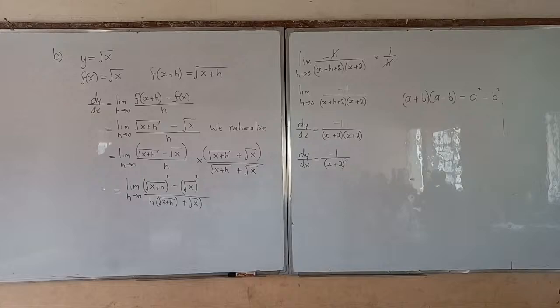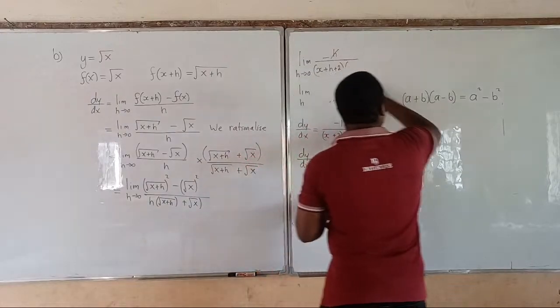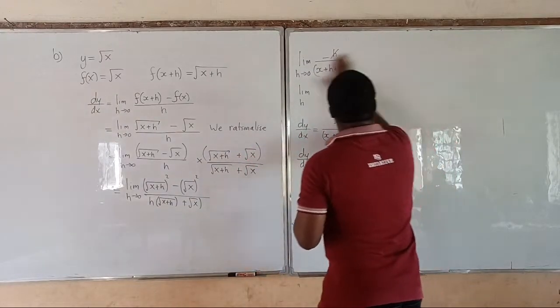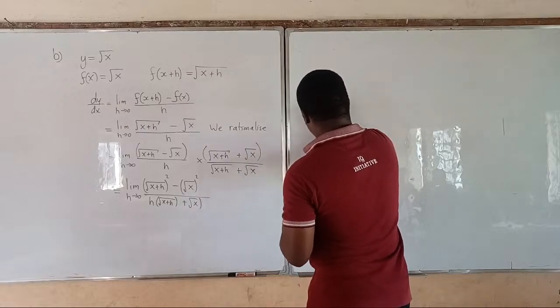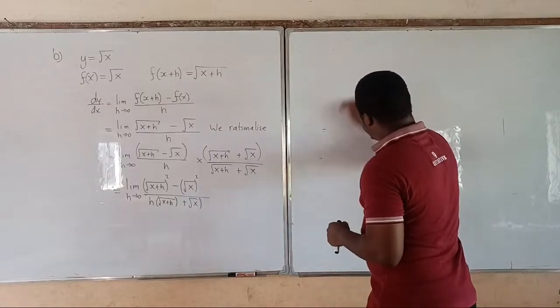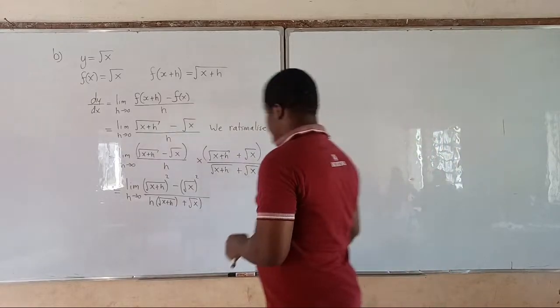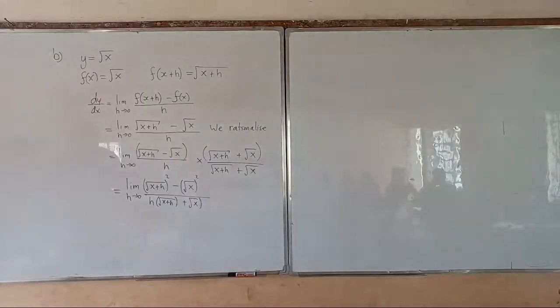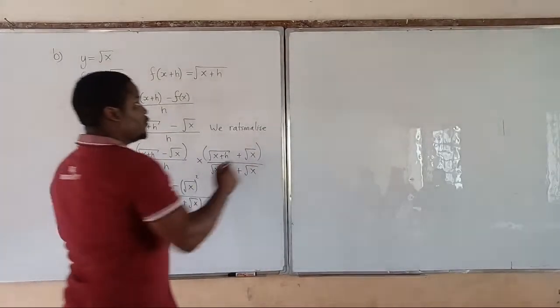So what next? We know that the square root and the square will cancel out. So let's see how it proceeds. So if the square root and the square cancel out, what do we get?